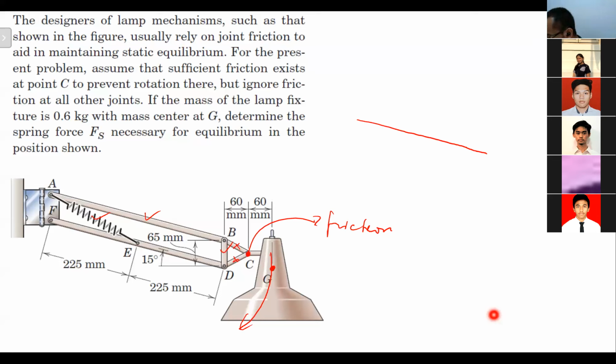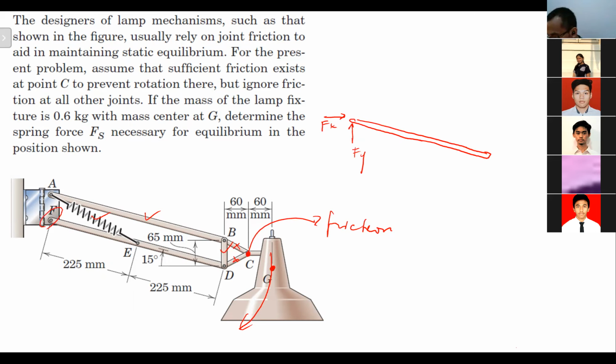Okay, we can solve for FED. FED is a non-two-force member. So at F, it will be Fy and Fx due to joint F here.